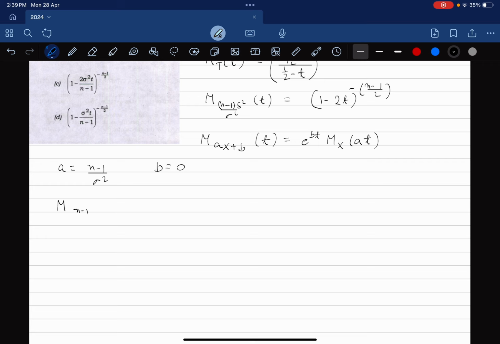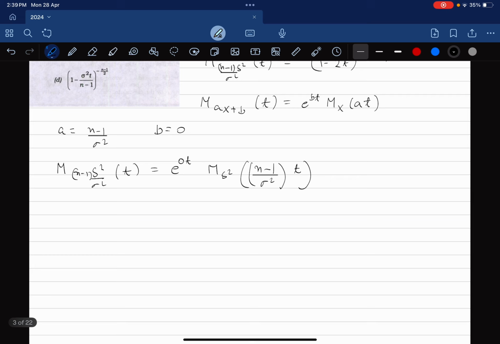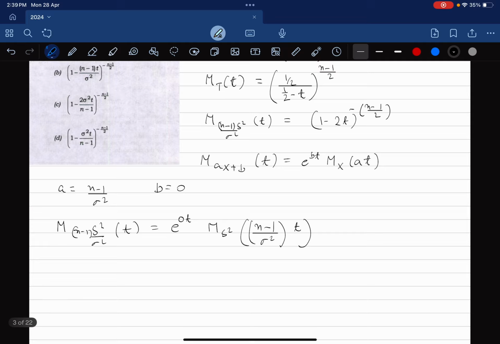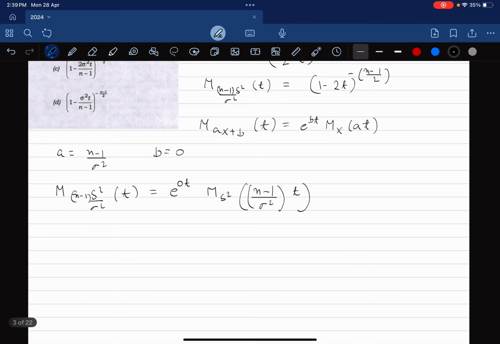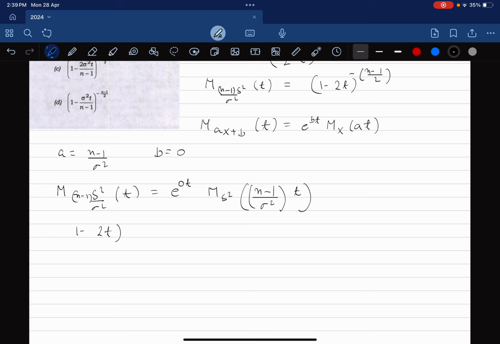So using this formula, M of n minus 1 s square over sigma square of t will be e to the power bt, b is 0, into M of s square, there's no x, M of s square of n minus 1 over sigma square, our a here, into t. This we already know, it is 1 minus 2t to the power minus n minus 1 by 2, e to the power 0 t is 1.